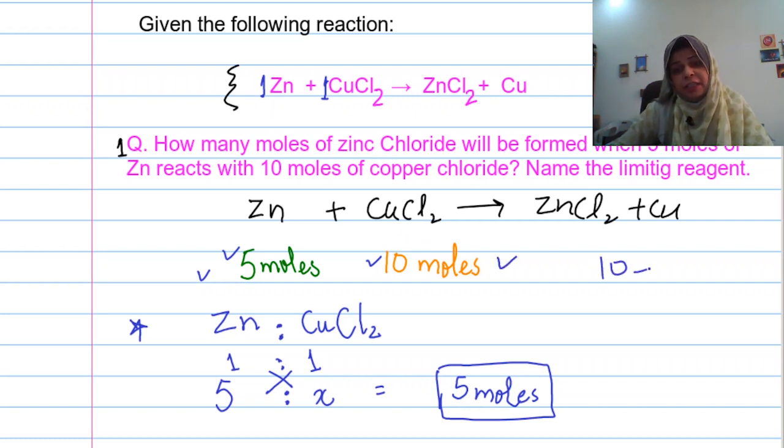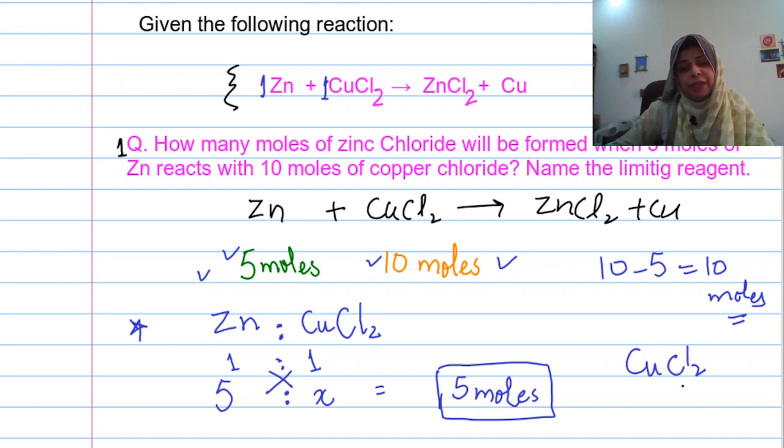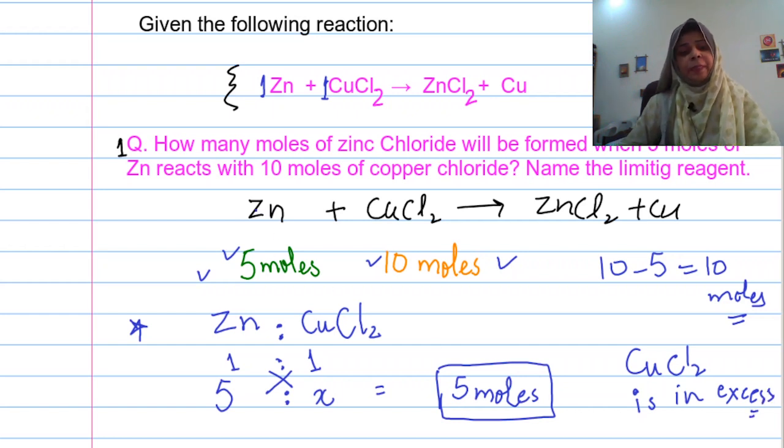So 10 minus 5, 5 moles will be utilized. The remaining 5 moles of copper chloride will be left behind, which is in excess. So which one is the limiting? Zinc. So we can say that zinc is our limiting reactant.